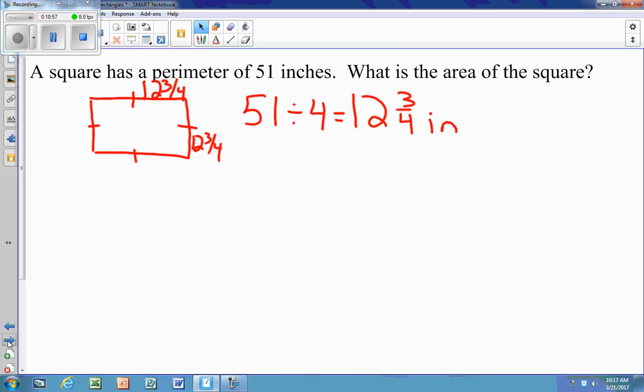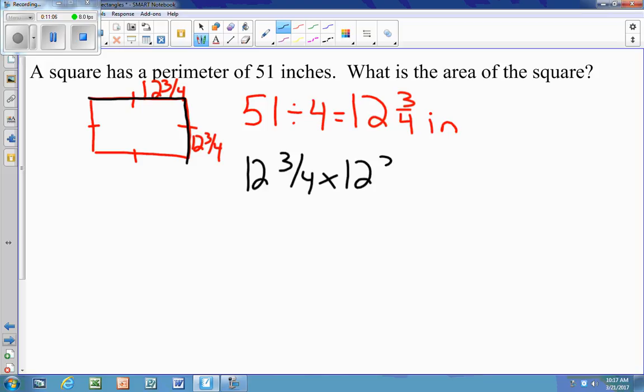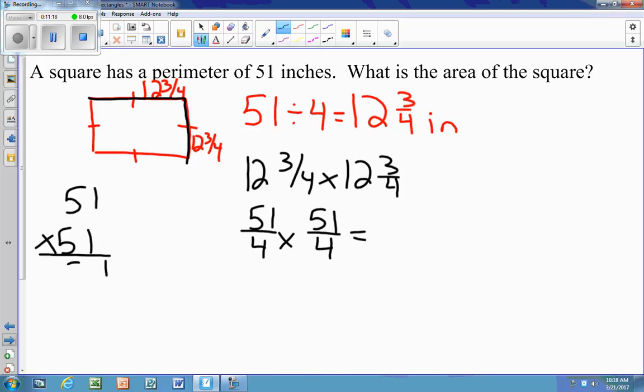Now to find the area, length times width, so one side times the other side. So I do 12 3/4 times 12 3/4. We have to make them improper. Going to do some math work over here. I end up with 2,601 over 16.